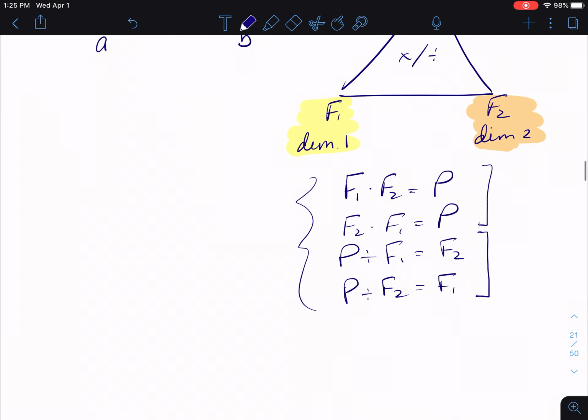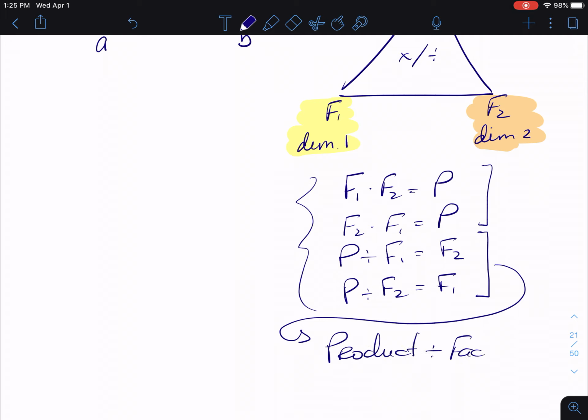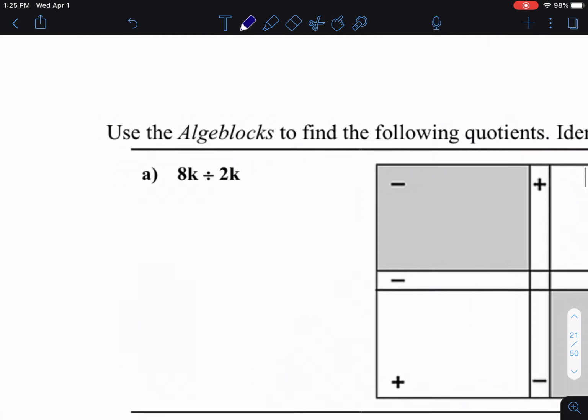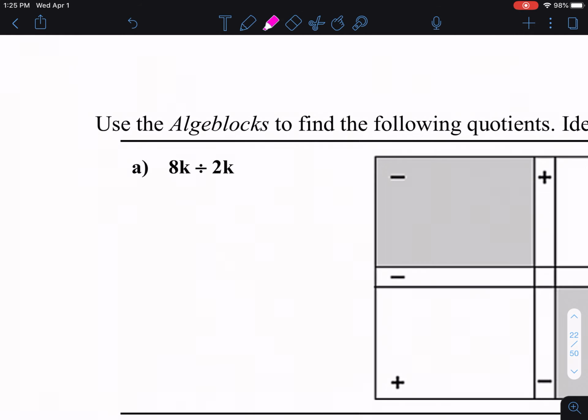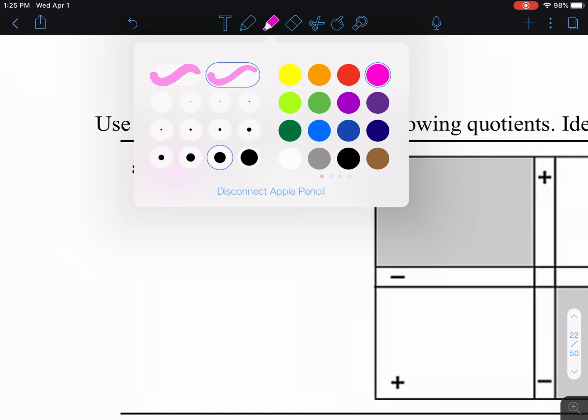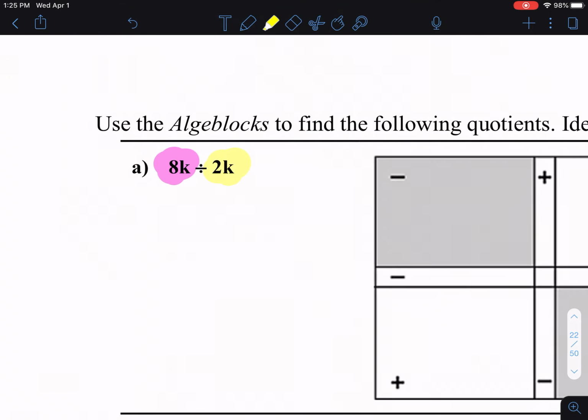And if you look at the division statements, what we actually have is a product divided by one of the factors, and the result is the other factor. So in division, if we're looking at division problems like this, then our product is 8k, and one of our factors, it doesn't matter which one, is going to be 2k.